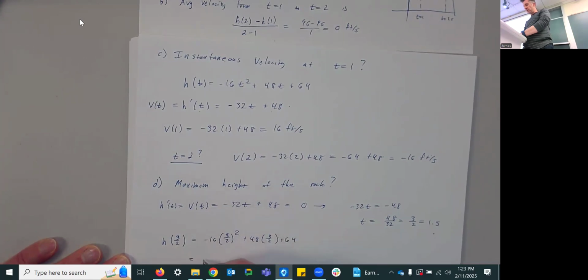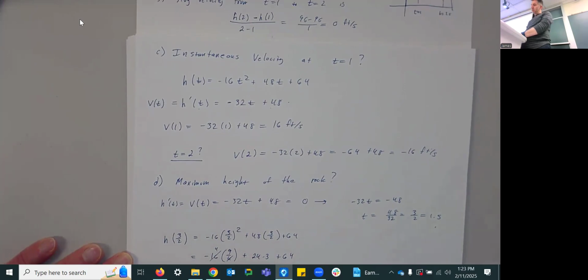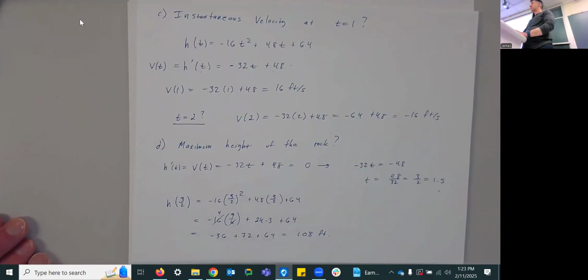And solving this is -16 times 9/4. 48 times 3/2 is 24 times 3, plus 64. -16 times 9/4, I can cancel a 4 and say -4 times 9 is -36, plus 72, plus 64, which adds up to 108. So that's our maximum height, 108 feet at a time of 3/2 seconds or 1.5 seconds.